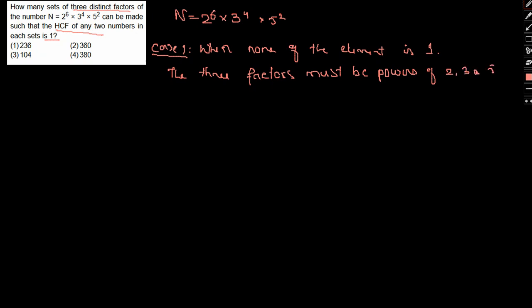So if we talk about the total number of cases, that would simply be 6 into 4 into 2, that is 48 cases in this way. 48 cases here.